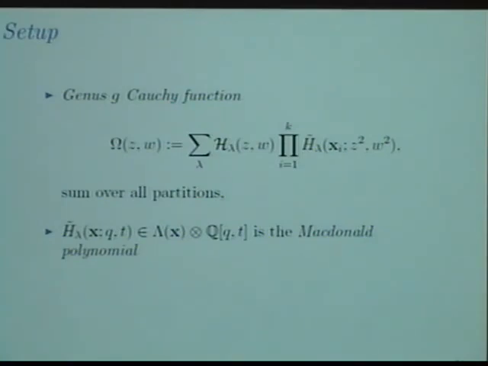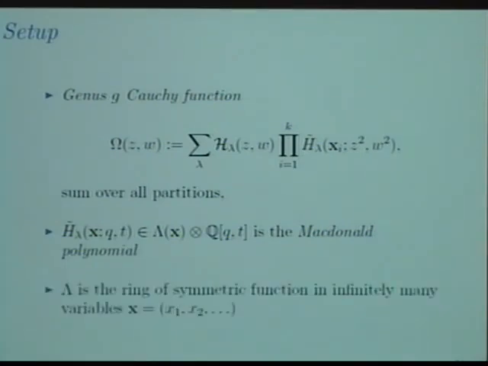So this is a gadget that lives in Lambda tensor Q(q,t). What's Lambda? Lambda is the ring of symmetric functions in infinitely many variables, and as Macdonald says, it is not a function, but we have to call it something. This ring is sort of a limit of usual things where the number of variables keeps increasing.